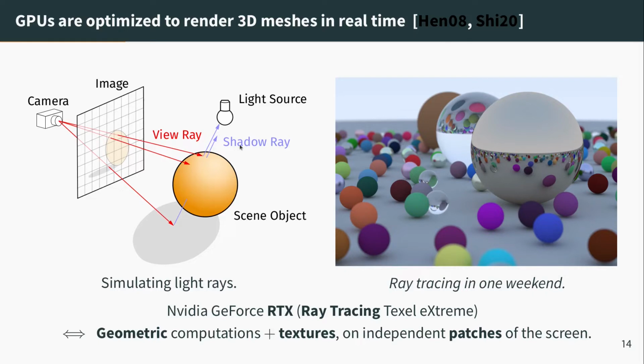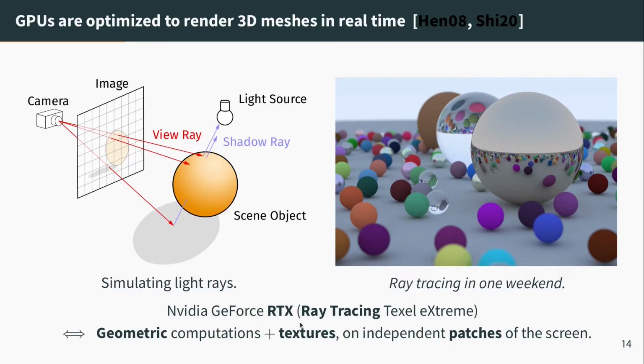And the objective is to get to those images that rely on pretty simple math, actually. So you can go look on websites like Ray Tracing in One Weekend. It teaches you how to do it. The miracle is how do you do it in real time? Well, this is where GPUs come from. And by the way, when you buy a gaming GPU today, it's called NVIDIA GeForce RTX.